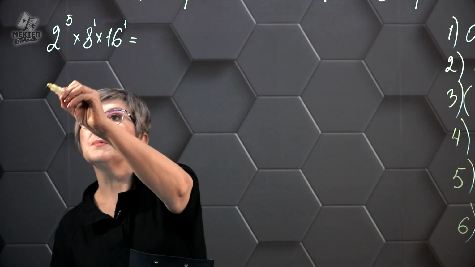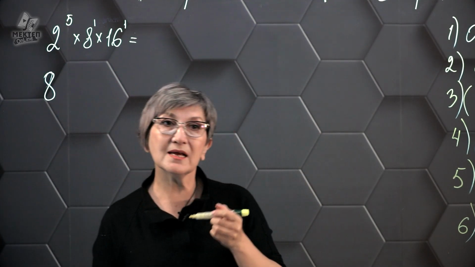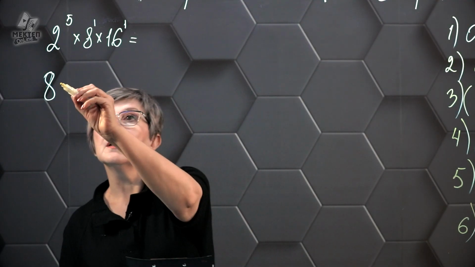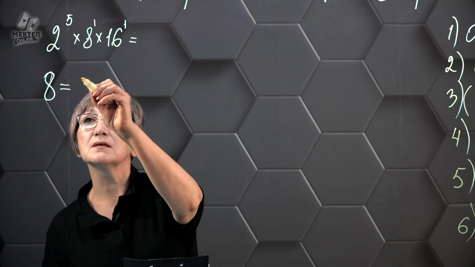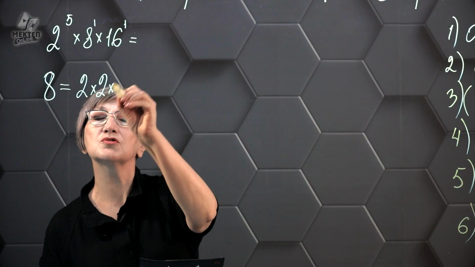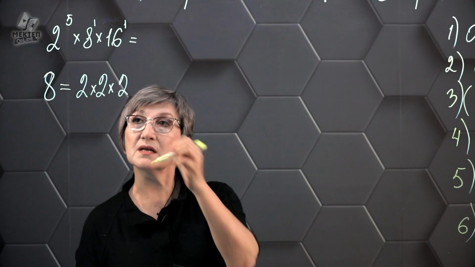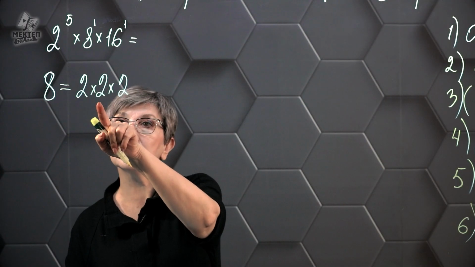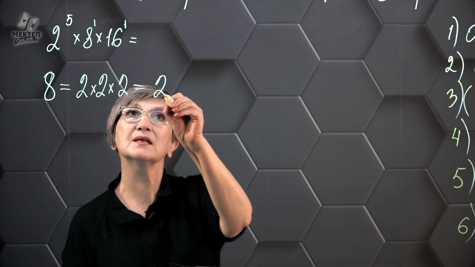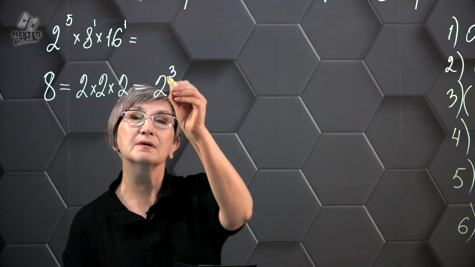Let's try it. Let's write the number 8 as 2 to some degree. I'll do the math. 8 is 2 times 2 multiplied by 2. Indeed, 2 times 2 is 4, 4 times 2 is 8. Then 8 is 2 to the power of 3.